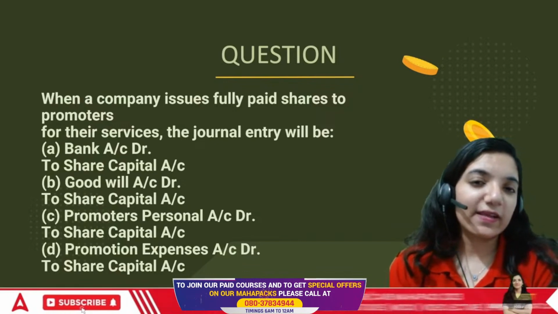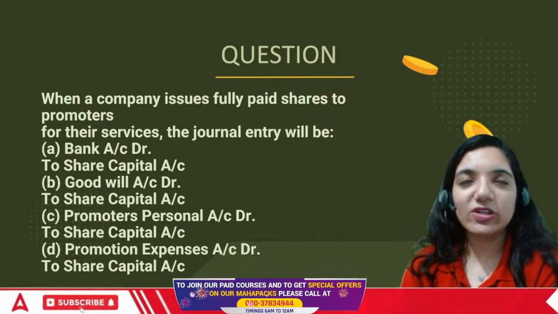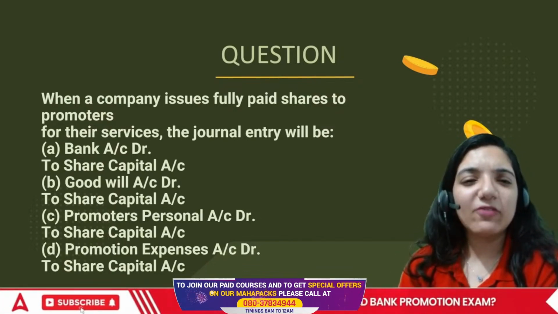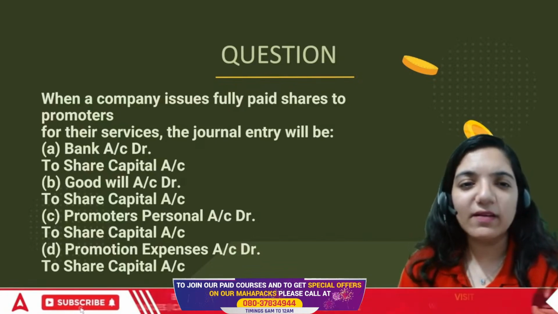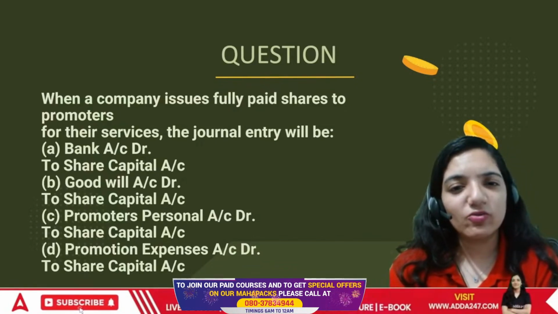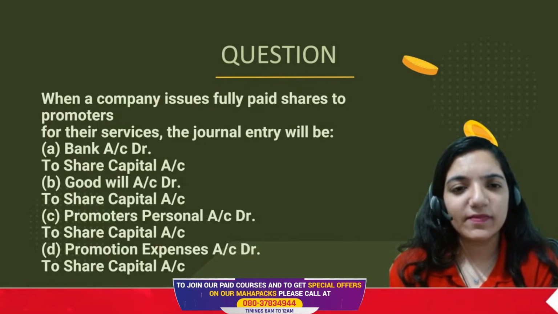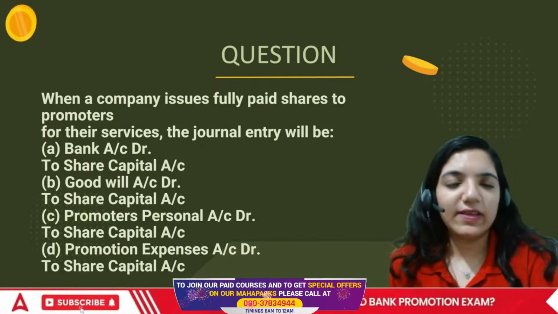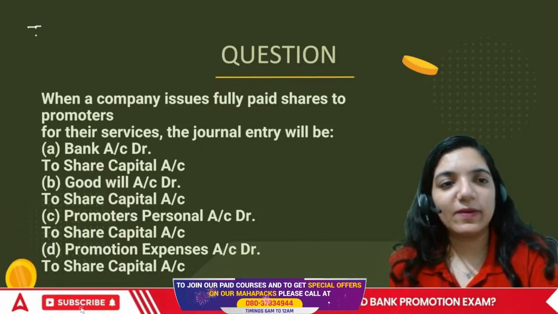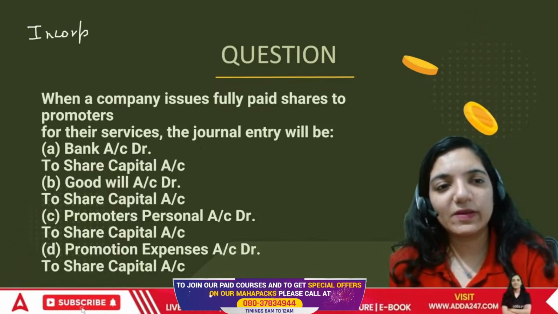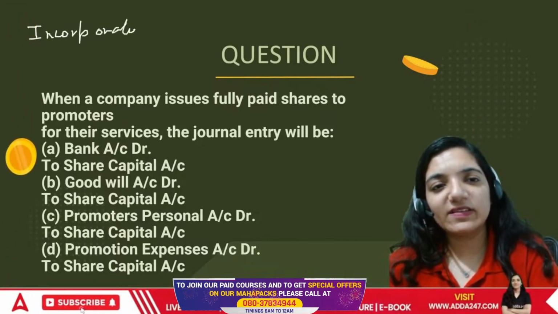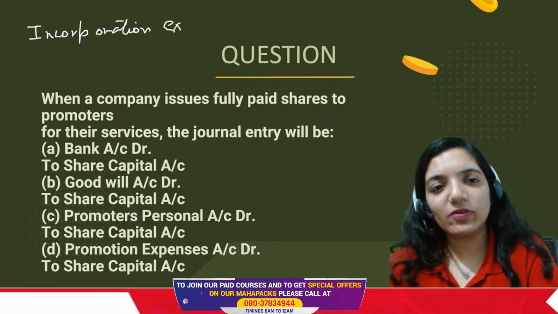When the company issues fully paid up shares to the promoters, basically they are paying for the incorporation of the company. So the expenses for which they have paid are incorporation expenses, that means the money that we pay for the birth of the organization.